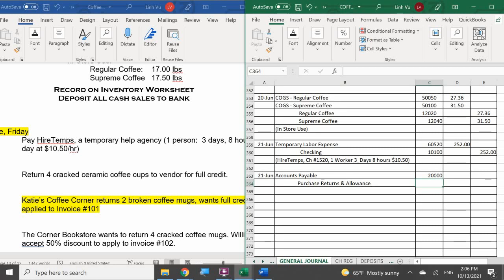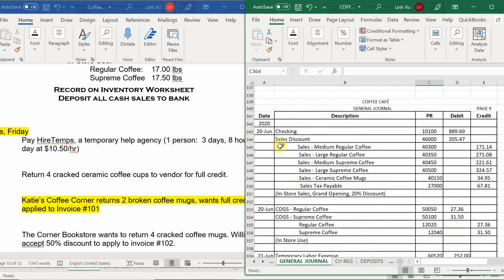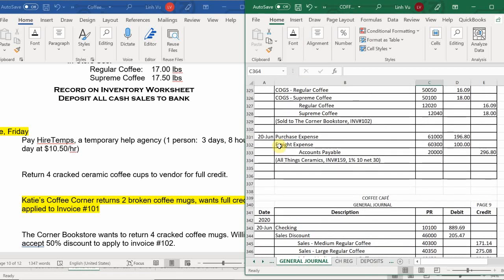Let me see. The 20th, we didn't. This is the 20th? Accounts payable. What you showed me before was the 20th. It was right before we journalized the sales right here. Mm-hmm. I have to check on the paper, and I cannot see the 20th.